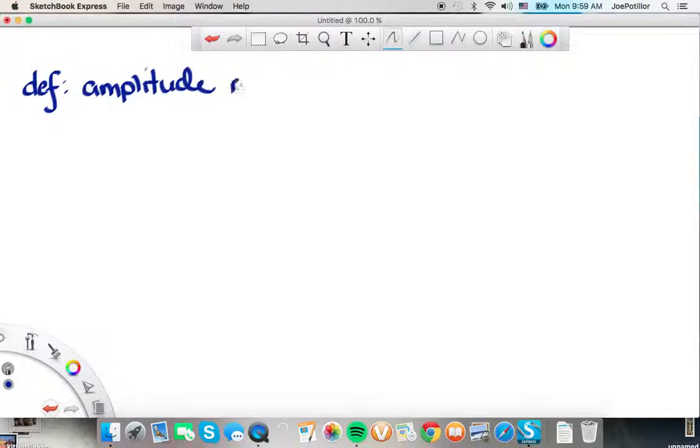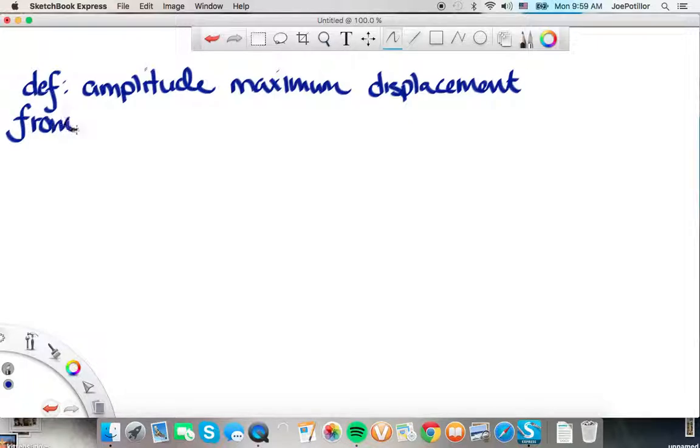The amplitude is the maximum displacement, or minimum, from equilibrium. We use the symbol capital A for that.